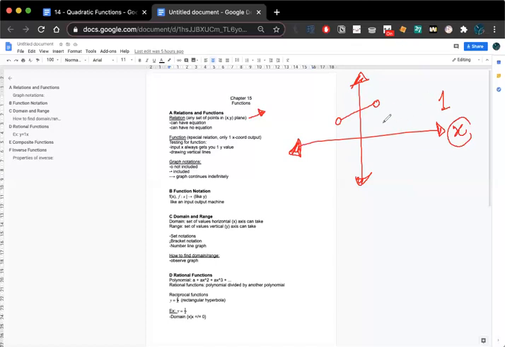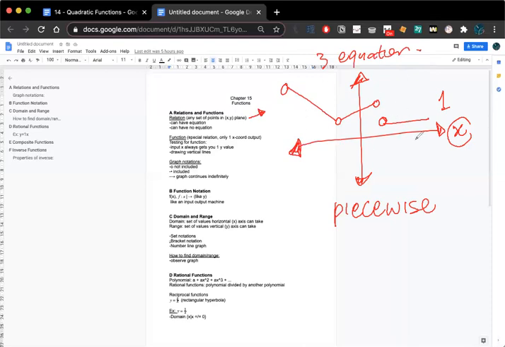A piecewise function is a function that has kind of like two pieces, you know, piecewise. As long as the function has two equations, like this one, you have three equations to define the function. This is what you would call a piecewise function.